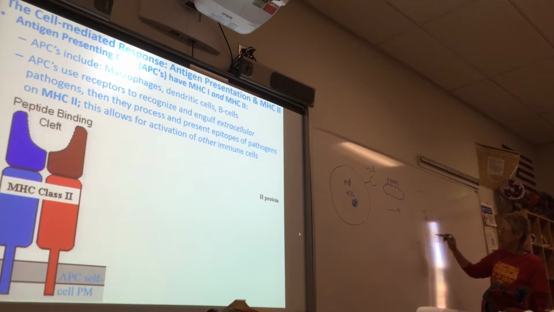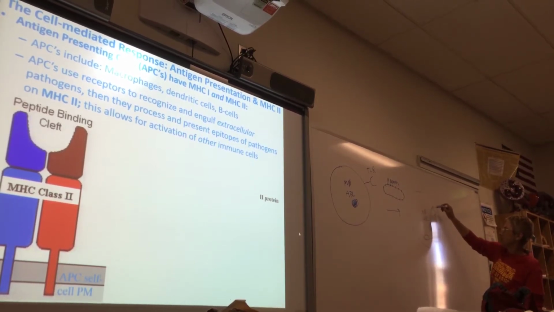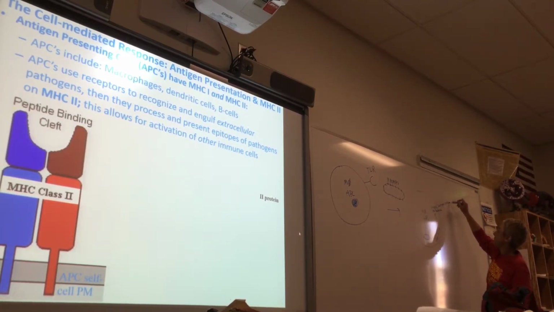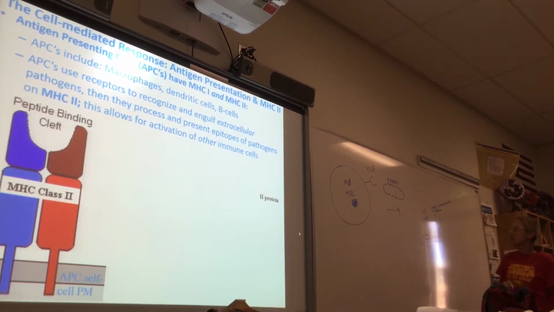So it takes the bacteria inside and chops it up, and takes pieces of bacteria. Those pieces are the antigen epitopes. Takes those pieces and then does what? Presents those pieces in MHC2.